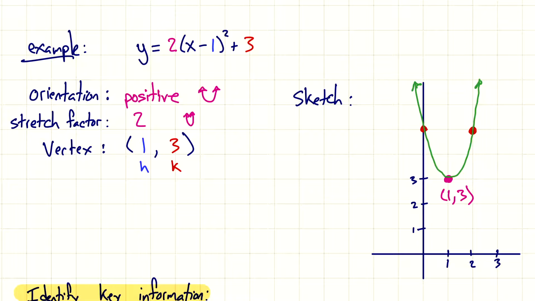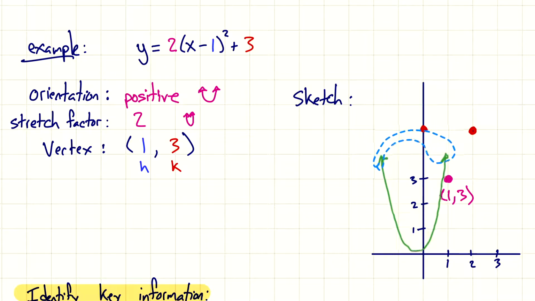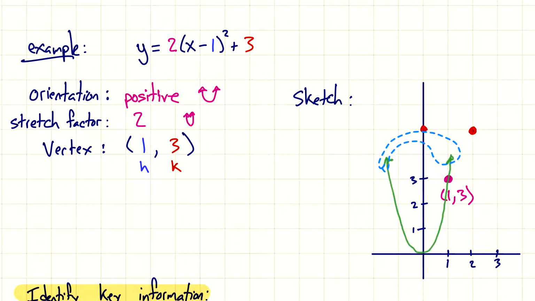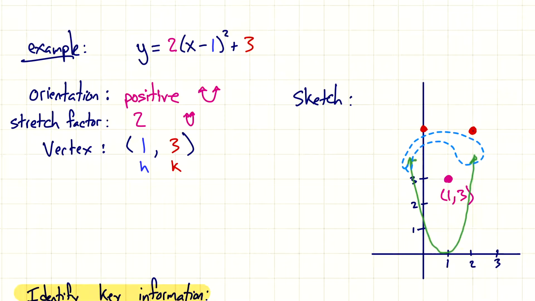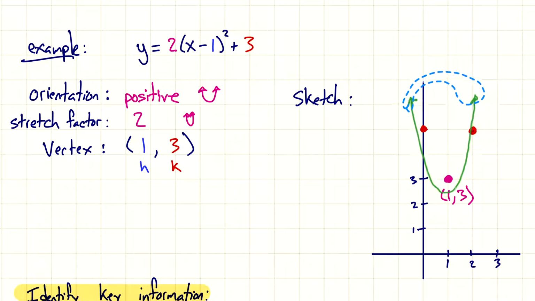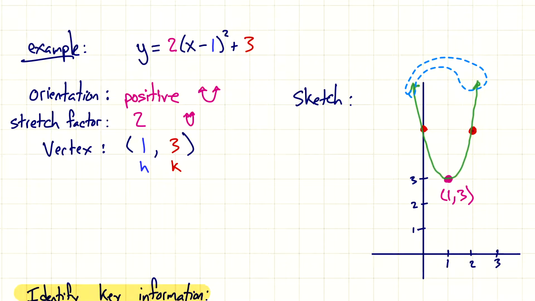So when I talked about earlier the, what do you call it, the vertex. Normally it would have been down at the origin, right? But it's been shifted. So the h value says it was shifted to the right one, and it was shifted up 3. So I'm going to shift it up 3. All right, so that's what's happening with the vertex. That's what's happening with the parabola.